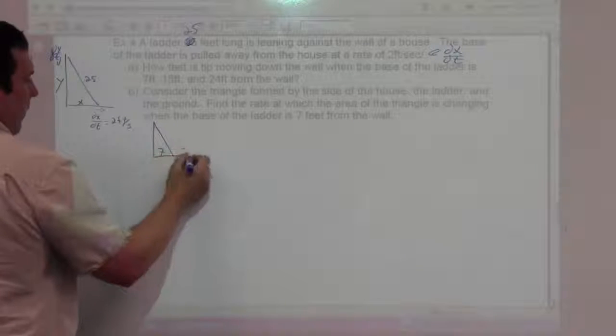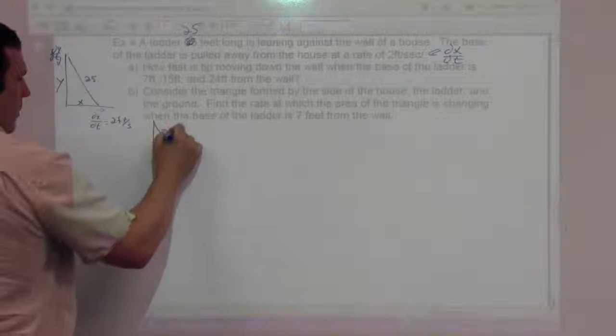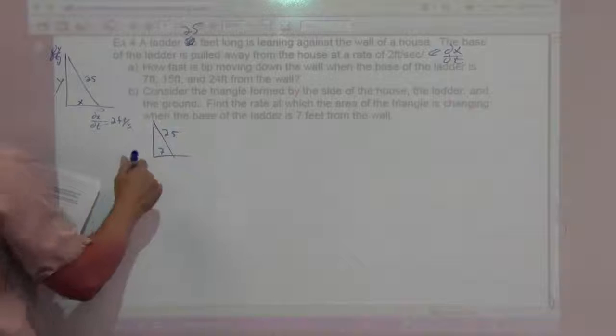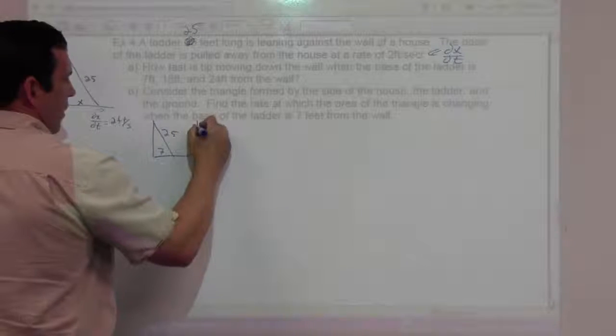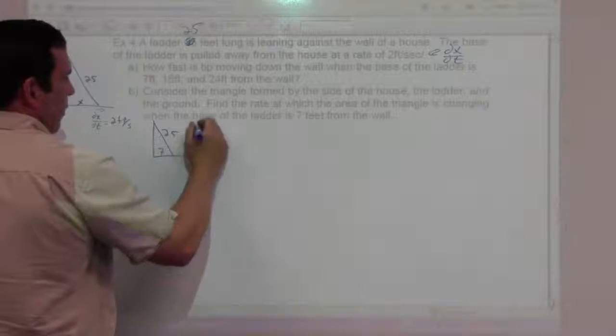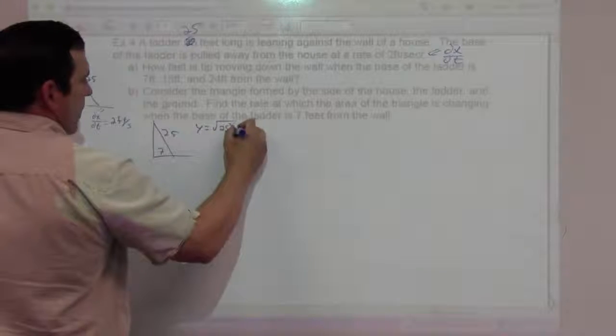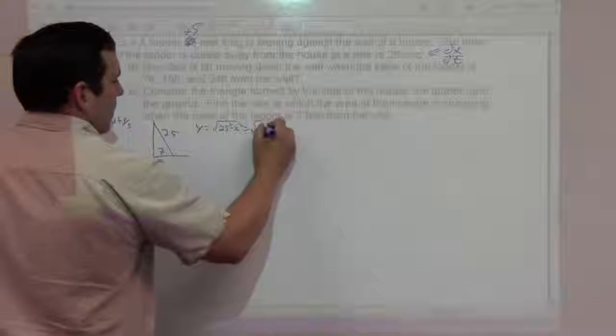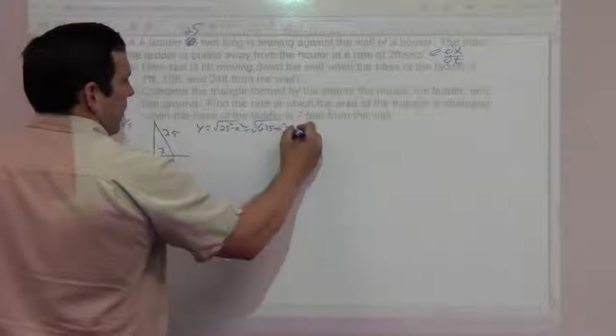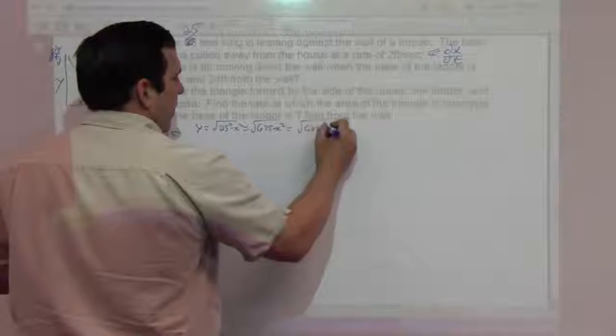When it's 7 feet, this is 25. Using the Pythagorean theorem, our height, or should I even say y, is going to be the square root of 25 squared minus x squared. That's 625 minus x squared. So it's 625 minus 49.